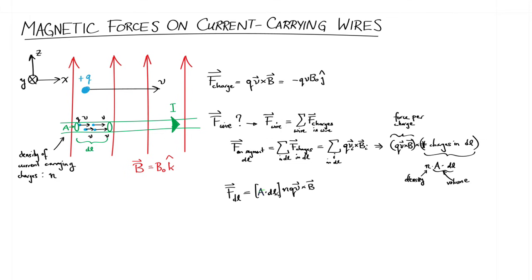Hopefully, this may look a little bit familiar to you. I'll assume it's not looking familiar, but one can hope. All right. So this quantity, the density of charges times the charge per carrier times the velocity of the carrier, that is in fact the current density.